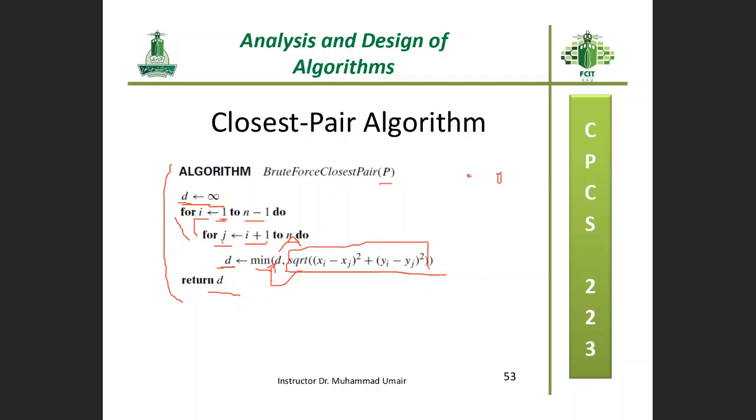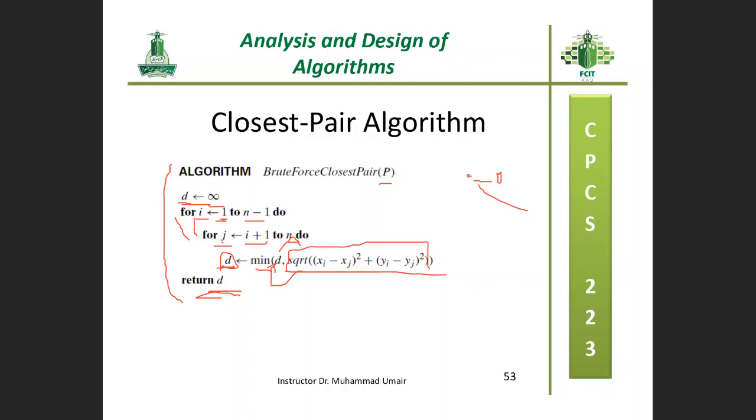You will not stop there. You will keep on calculating for the next one. Obviously, those values are greater. So it means this d will not be overwritten. But at the end of the execution, you will only return the distance between these 2 points. But you do not know which 2 points have the shortest distance among them.